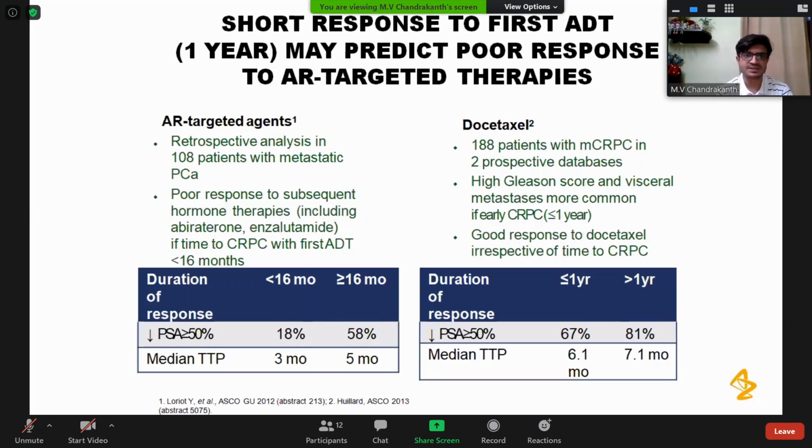If the duration is more than 1 year, or even better if it is 1.5 years, 16 months, only then we can subject them to hormonal therapies. Otherwise, it's a fast multiplying disease which is unlikely to respond to endocrine therapy. On that occasion, docetaxel will be a better choice. So this is one take-home message which we can have.